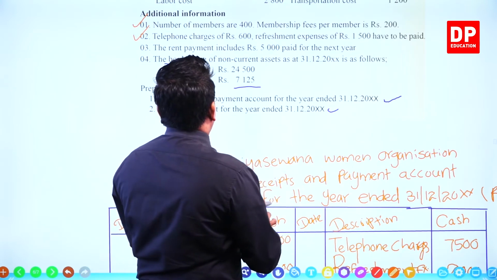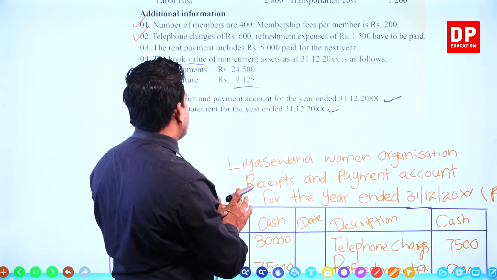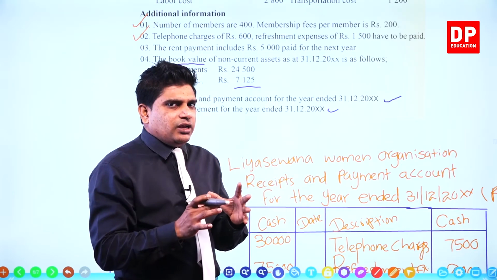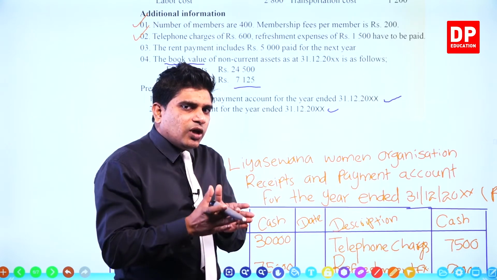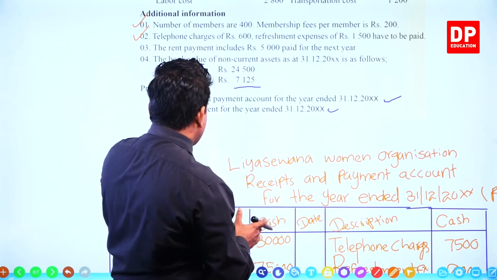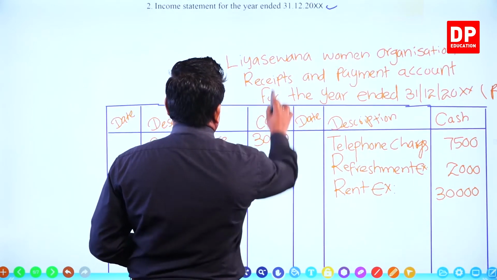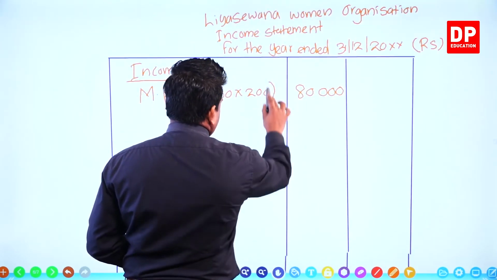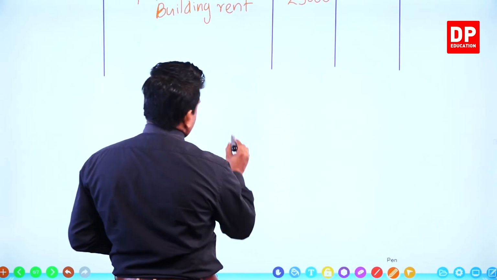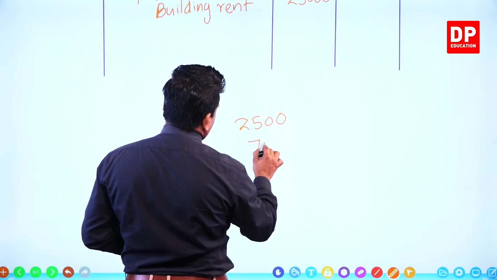The book value of non-current assets as at 31st December of the same year is as follows, right? Book value, I taught you at the beginning: the difference between the cost and the book value is the depreciation. Then you find the difference. In the question, equipment is given 25,000, right? Furniture is given 7,500.